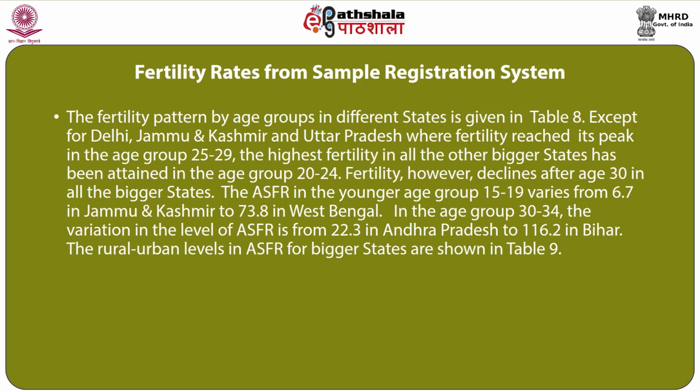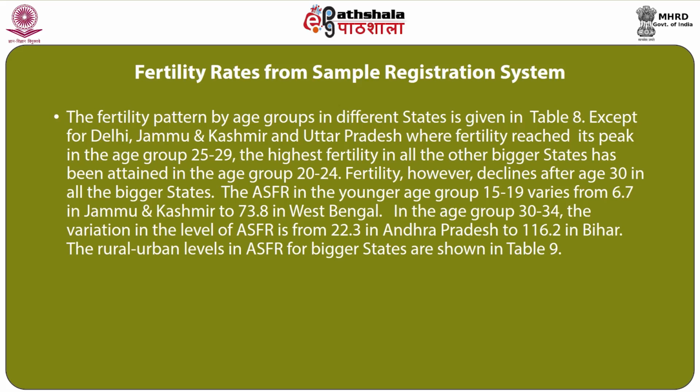The age-specific fertility rate in the younger age group of 15 to 19 years varies from 6.7 in Jammu and Kashmir to as high as 73.8 in West Bengal. In the age group 30 to 34, the variation in the level of age-specific fertility rate is from a low level of 22.3 in the state of Andhra Pradesh to a high level of 116.2 in the state of Bihar.